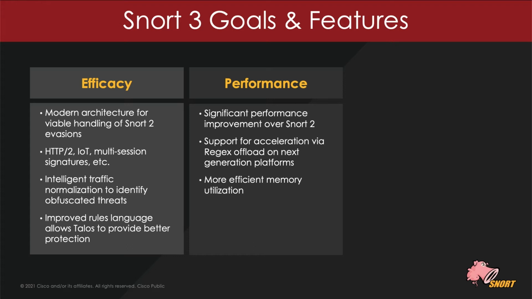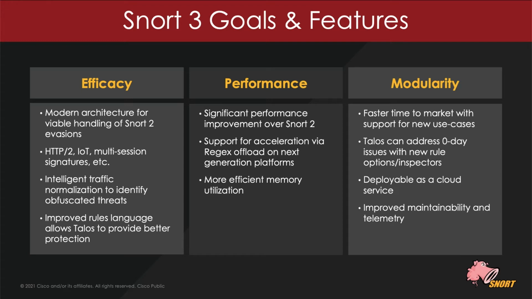We've been able to write around that pretty well. We can architect rules to make up for that deficiency or slowness in that particular keyword. But we want to accelerate that. So that's where we're going to have some acceleration technologies in Snort 3 and more efficient memory utilization. As far as modularity, we want a faster time to market to be able to support new use cases.